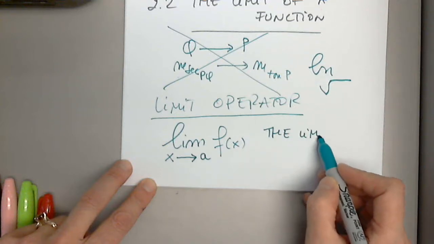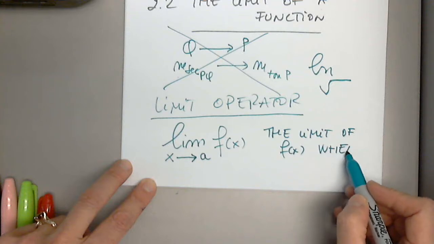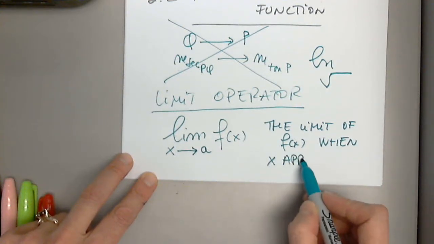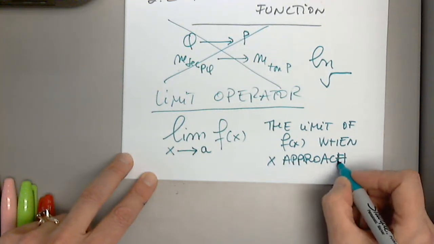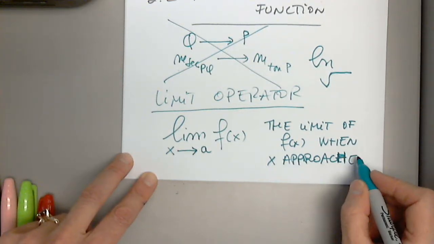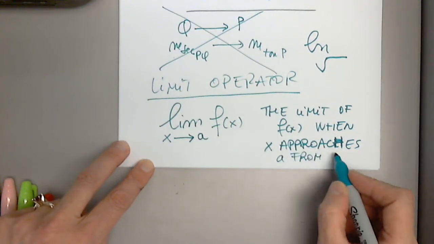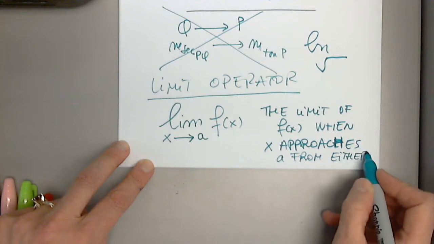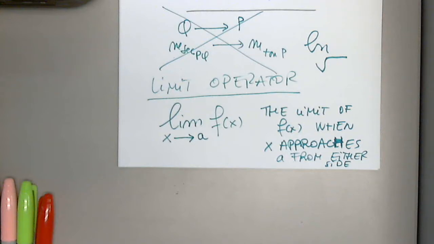The limit of f of x when x approaches a from either side. And we'll talk about what it means in a second. So the limit of f of x when x approaches a from either side.